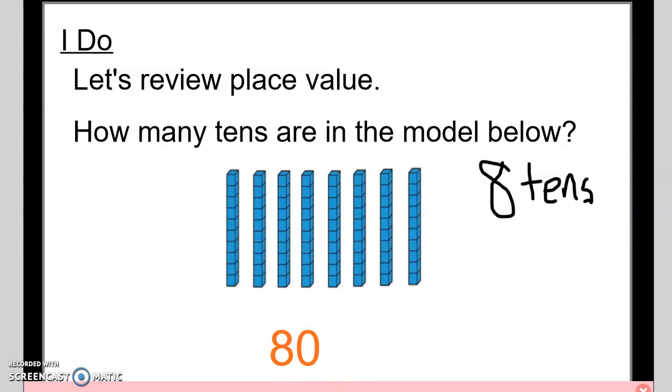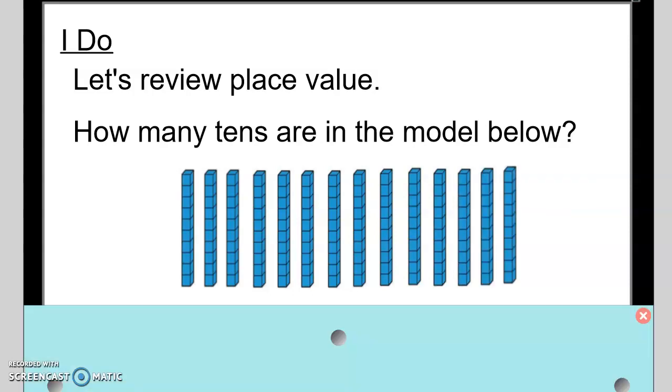So now that we've modeled a few numbers, we're going to look at one more example. How many tens are in the model below this time? There's quite a few there. There are 1, 2, 3, 4, 5, 6, 7, 8, 9, 10, 11, 12, 13, 14 tens this time.